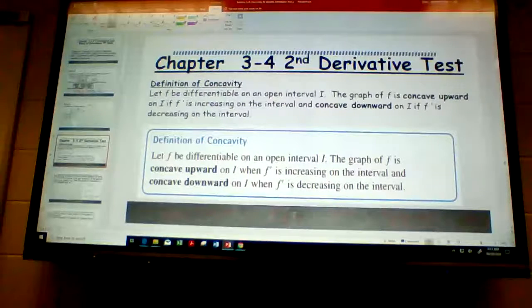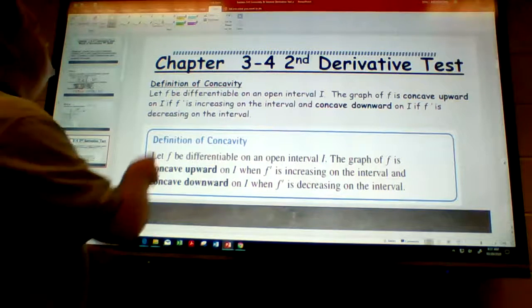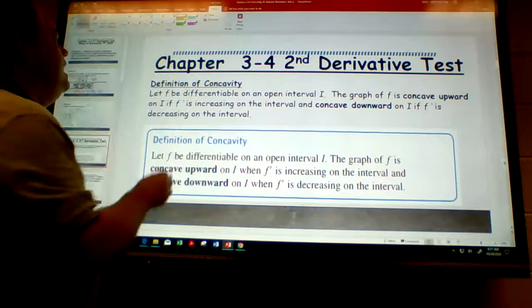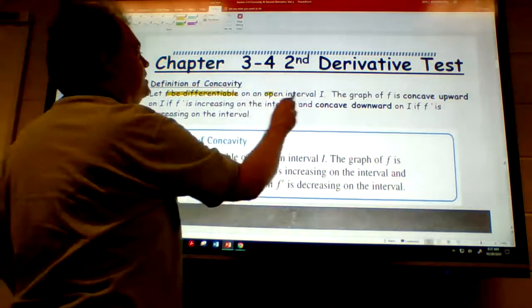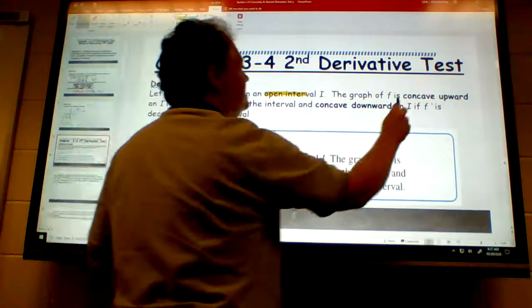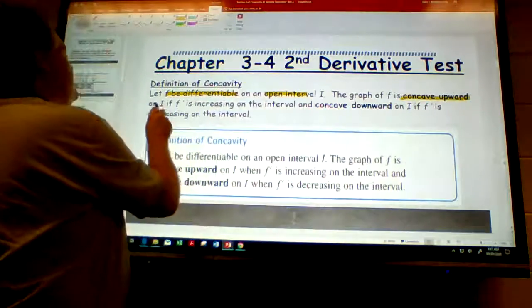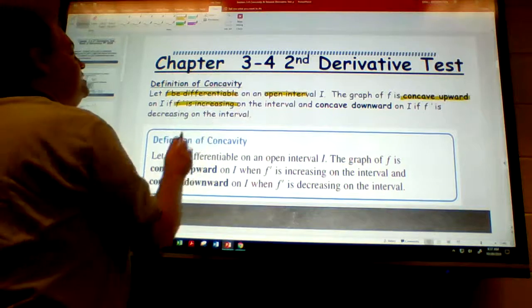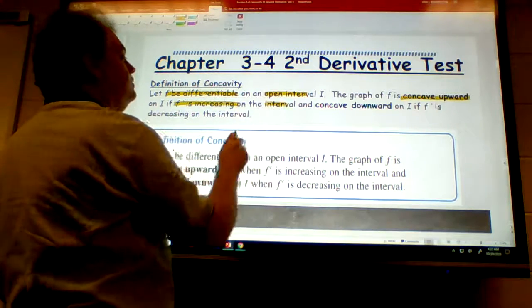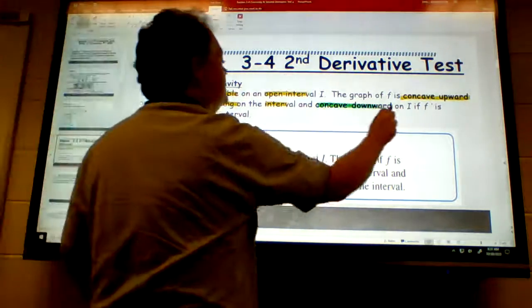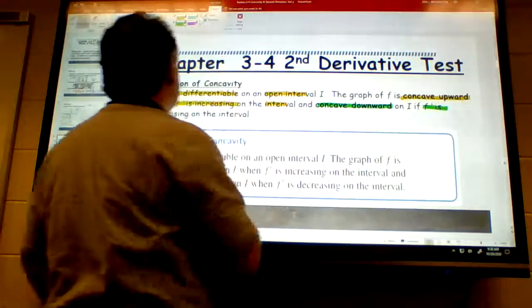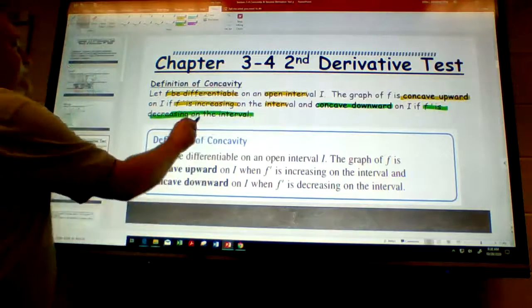And let's look at concavity. All right. Now, the definition of concavity is this. Let f be differentiable on an open interval. The graph is concave upward if f prime is increasing on the interval, and it is concave downward if f prime is decreasing on the interval.